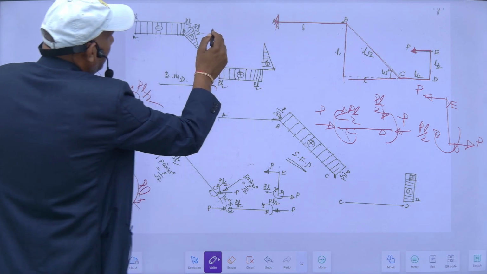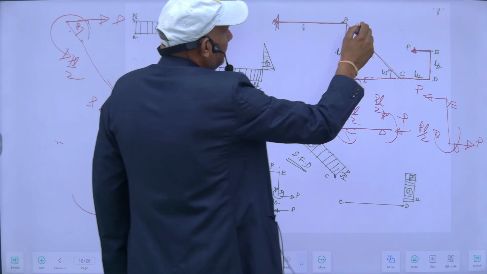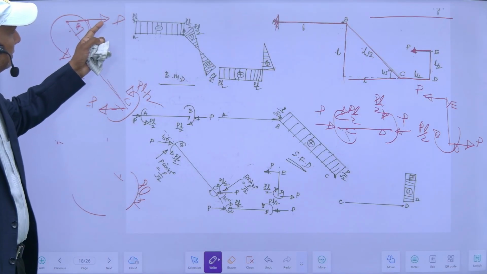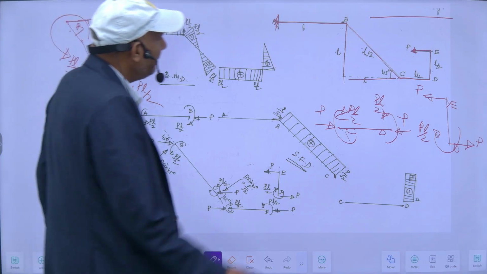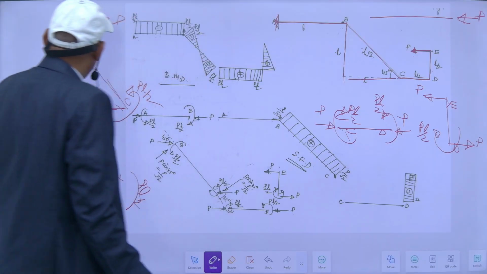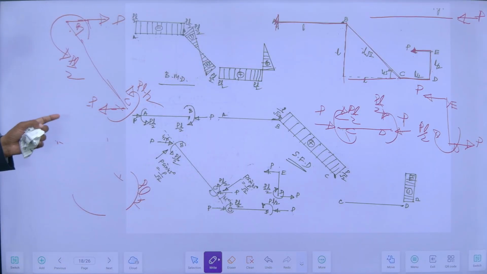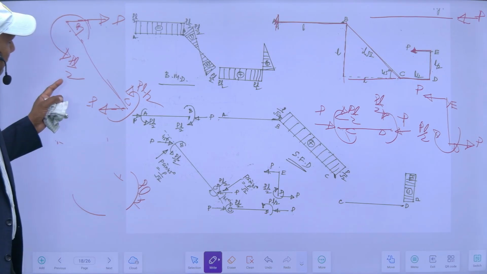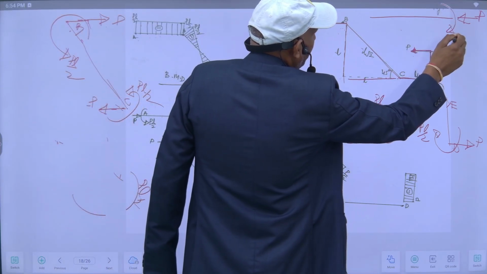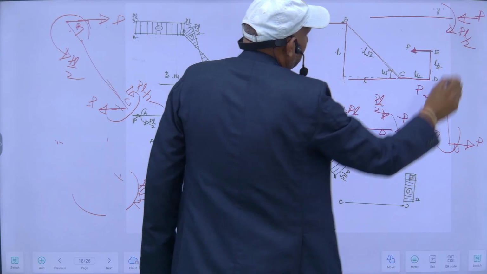So at B, if I draw the free body diagram of this one, it will be like this. So this is acting towards right, so P will act towards left, and this is anti-clockwise, so this moment will be clockwise here, of PL by 2.